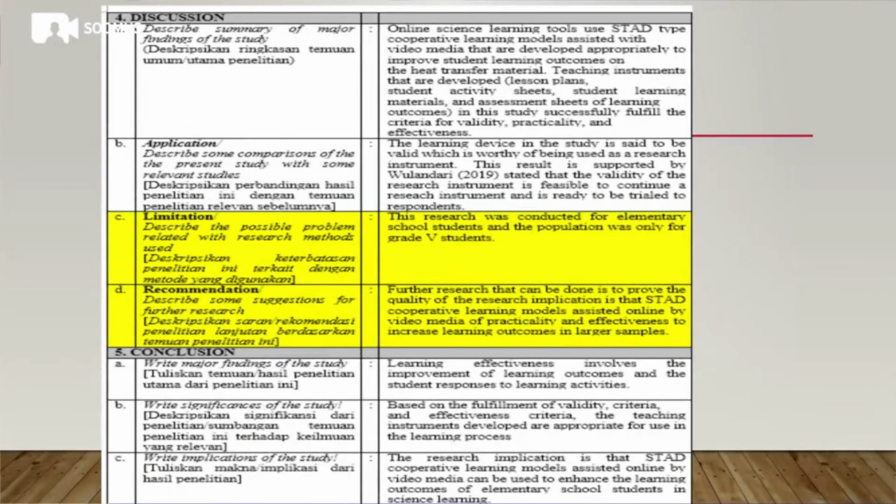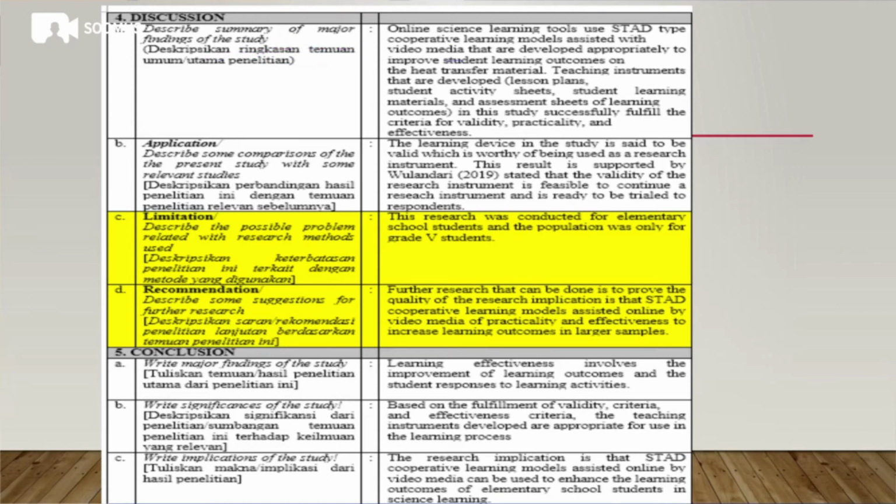okay, now let's see this part of discussion. Okay, in this discussion, we would know about a description of summary of major findings of the study. Okay, in this part, the researcher describes summary of major findings of the study.